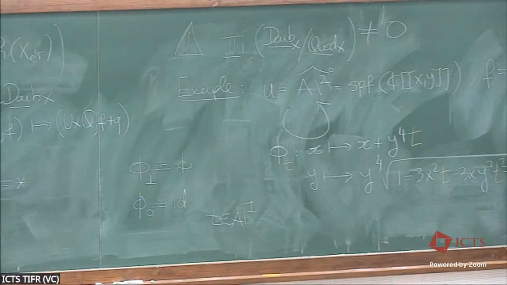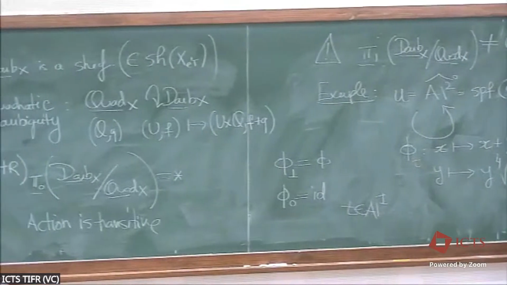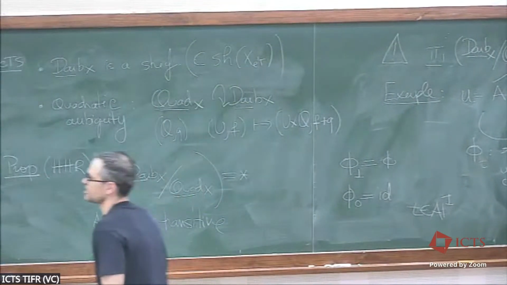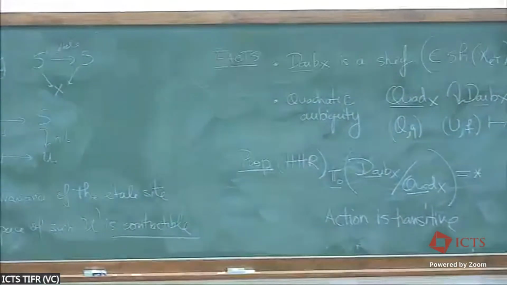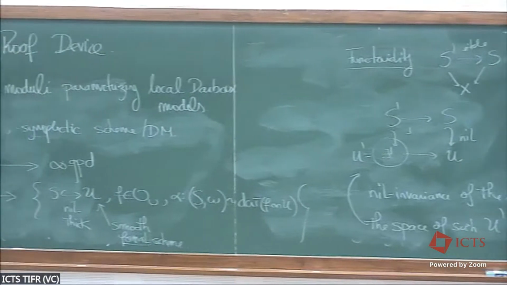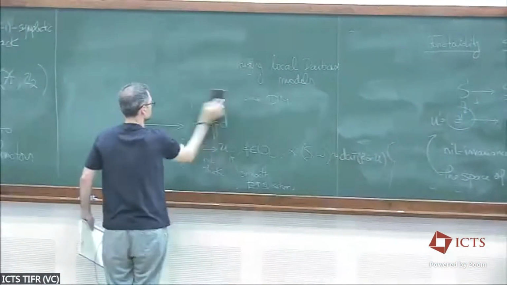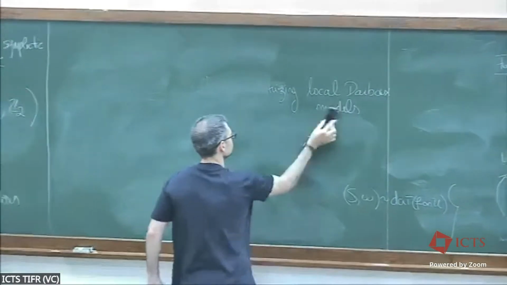So let me state our main theorem now. Our main theorem is that if you kill all these isotopies, your quotient is not just connected, it's contractible.